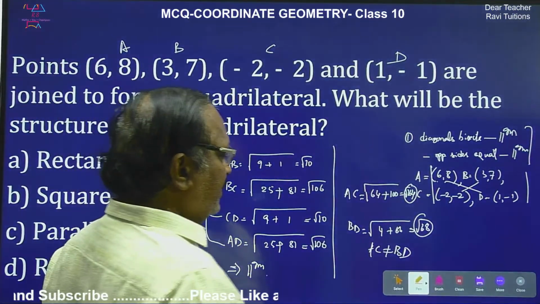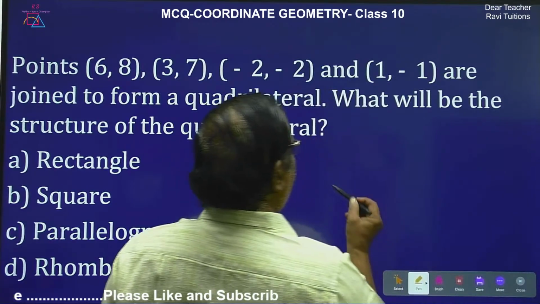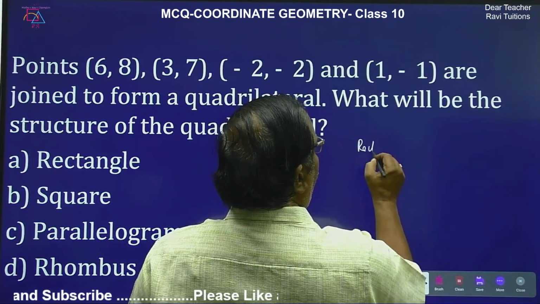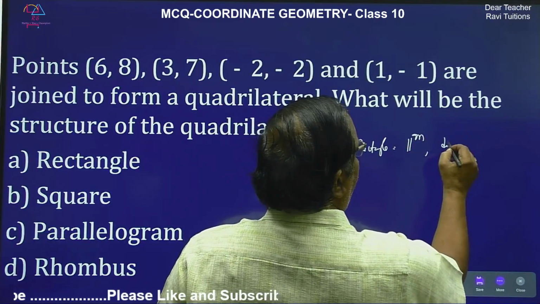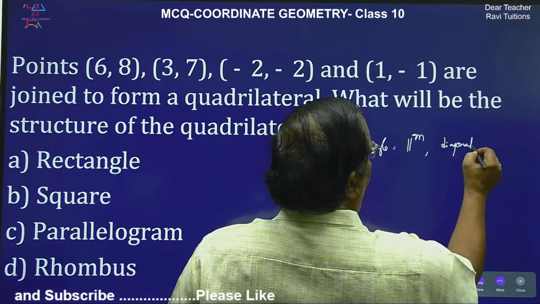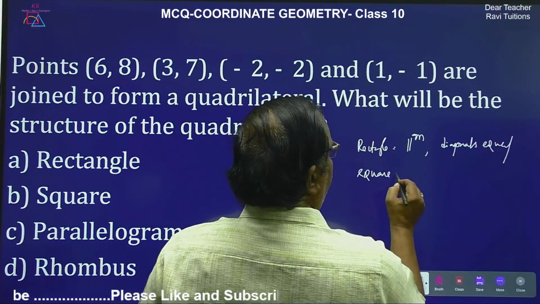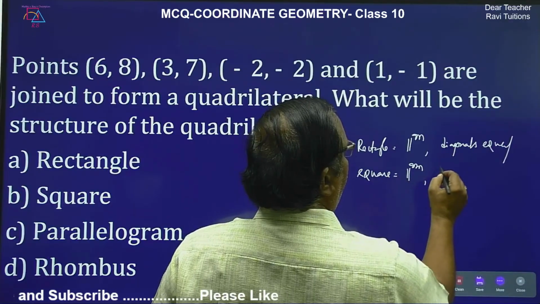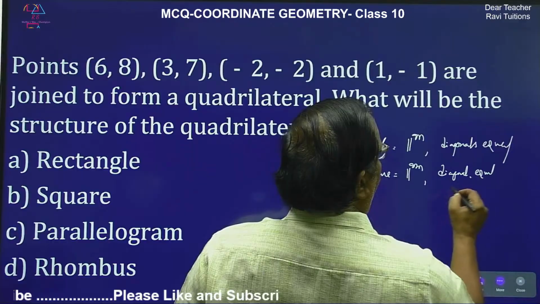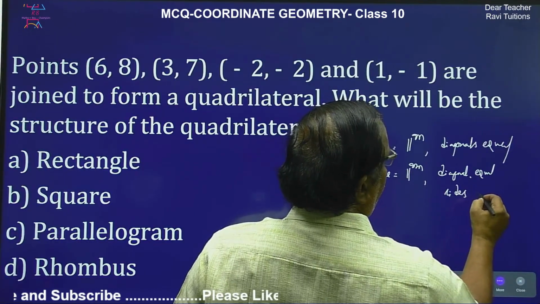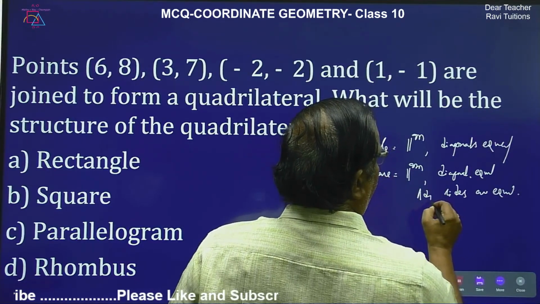Now here you have to learn the properties. A rectangle is a parallelogram plus diagonals equal. A square is a parallelogram, diagonals equal and sides also equal, that means adjacent sides are equal.